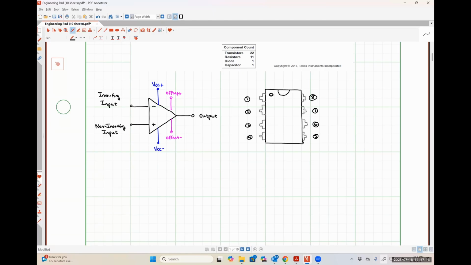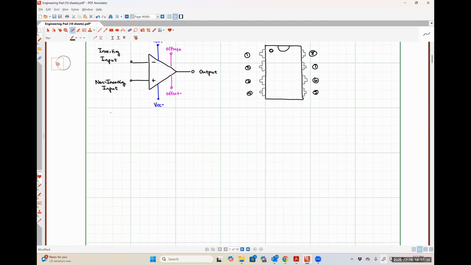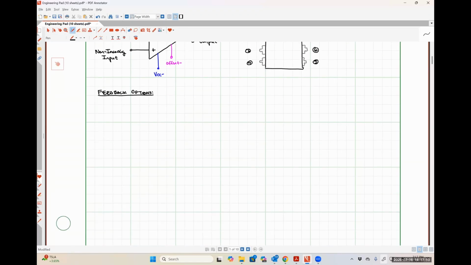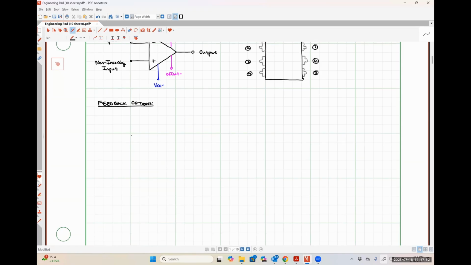So I want to show you guys something just really quickly as to how we can determine whether our circuit has negative feedback, positive feedback, or if it's an open loop system. So let's just call this bit right here feedback options. On the left-hand side, I'm going to draw an op amp in an open loop configuration.